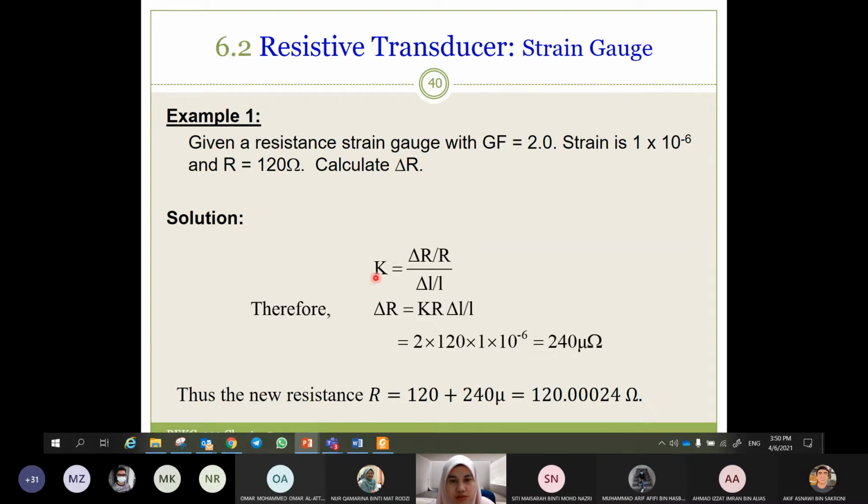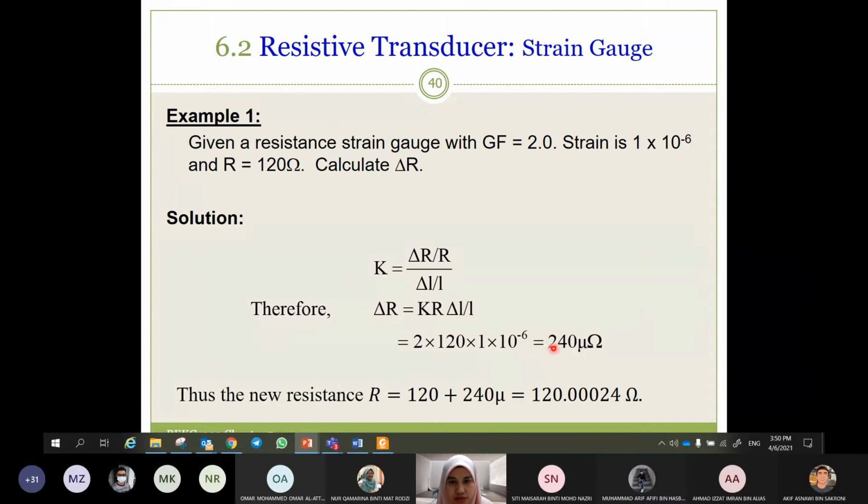This is the general equation: K or GF is equal to del R over R divided by del L over L. So del R is equal to K multiplied by del L over L, and then multiplied by R. K or GF is given, multiplied by R, 120, and then multiplied by the strain. Del L over L is the strain. Strain is 1 micro.